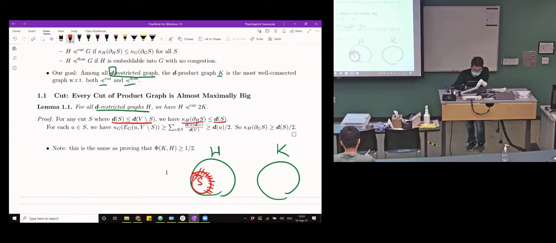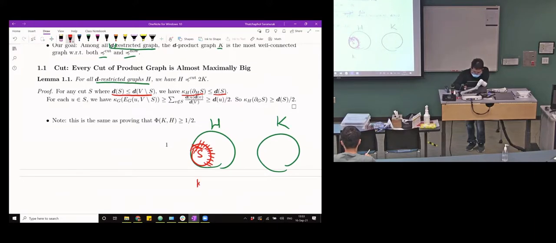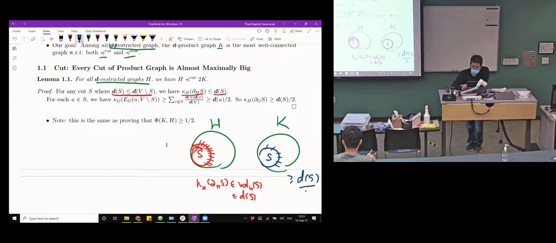So the cut size is at most the volume, but this volume is at most d(S). Now I'm going to prove that if you look at the same cut in K, the cut size is at least d(S) over 2. If we have done that, then we are done, because within a factor of 2, every cut of K is more than the cut of H.